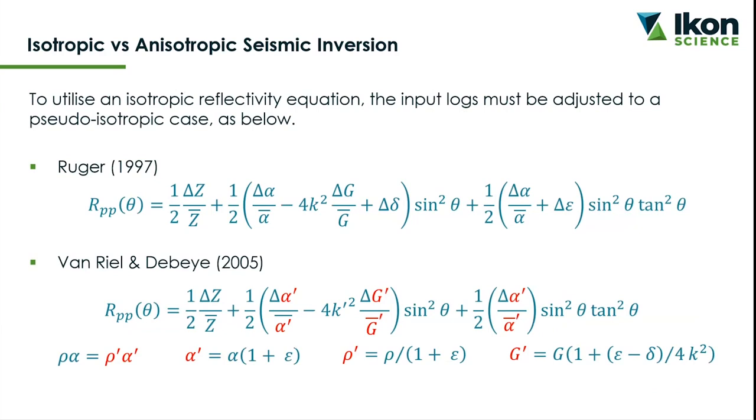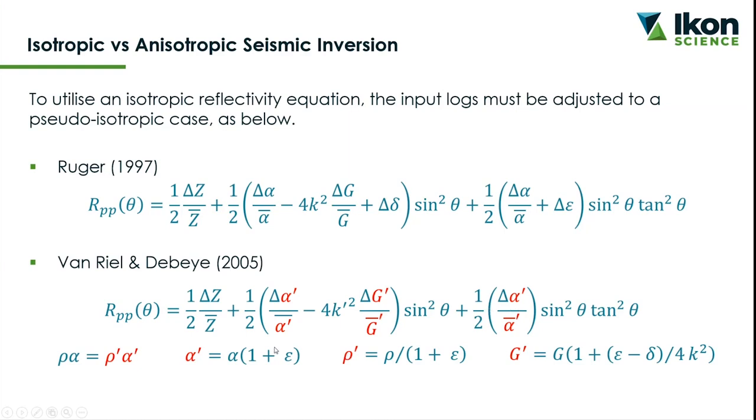Van Riel and de Bay proposed an adaptation to Ruger's anisotropic reflectivity model, whereby they modified it to be an isotropic equivalent, and they did that by modification of the underlying elastic properties. So alpha, G, and alpha over here.